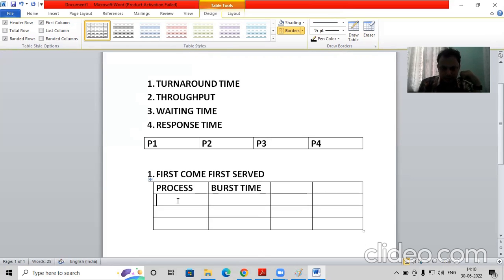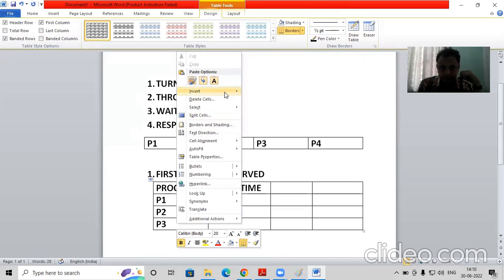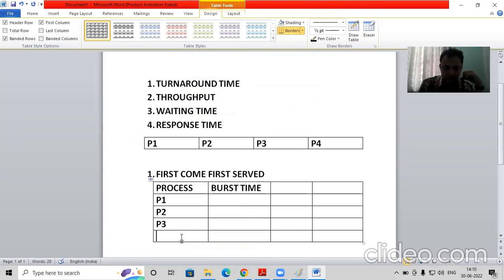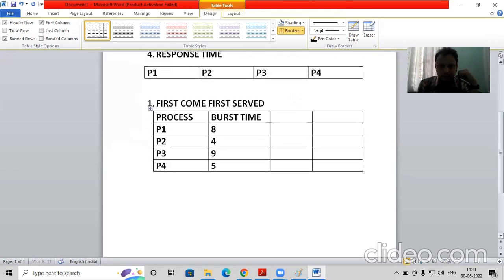Here process P1, process P2, process P3, and another process P4 that I am going to add. Now suppose some burst time, that is execution time, for each process I am giving here. Suppose this is 8 milliseconds, this is 4 milliseconds, this is 9 milliseconds, and this is 5 milliseconds.